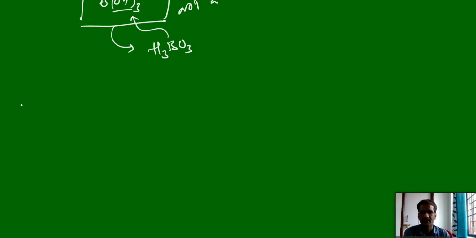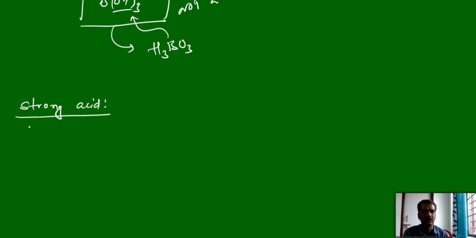We should know what is a strong acid. According to Arrhenius, a strong acid can give H plus ions effectively, means 100% H plus ions release, 100% ionization. Or according to Bronsted, the acid which can donate H plus, if the tendency of donating H plus is more, it is a strong acid, and if the tendency is less, it is a weak acid.